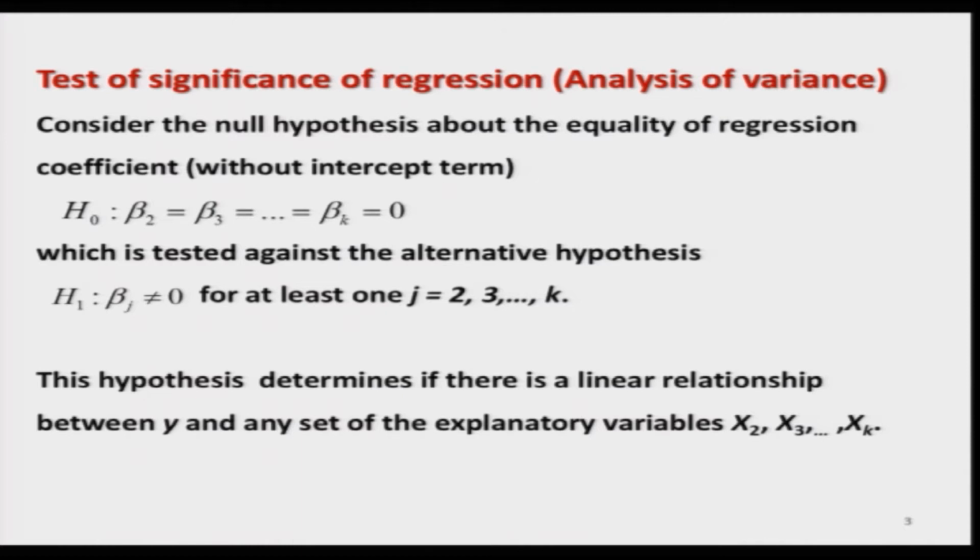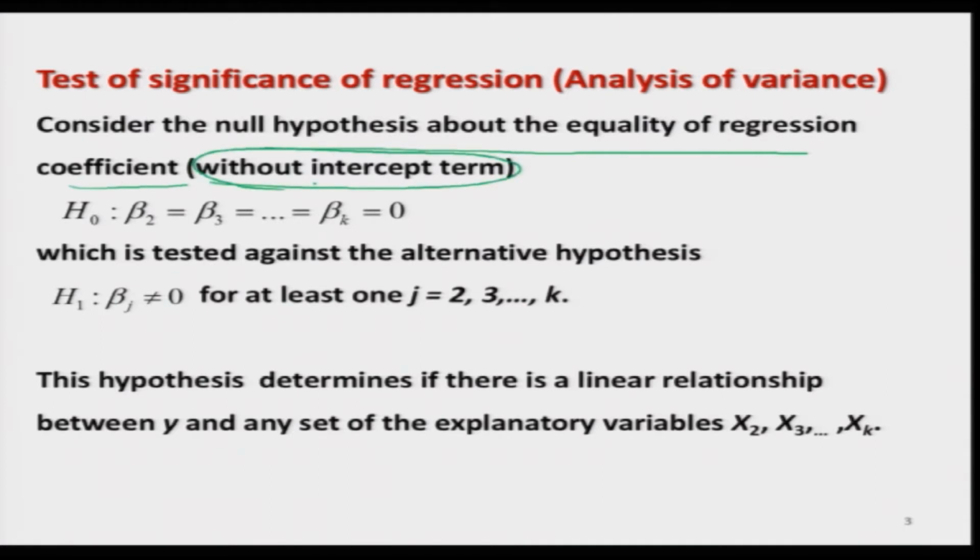Just like the test of hypothesis H naught: beta j is equal to 0 for the individual regression coefficient, analysis of variance is also a test of hypothesis, where we consider the null hypothesis about the equality of regression coefficients. Remember, I am not talking of the intercept term.